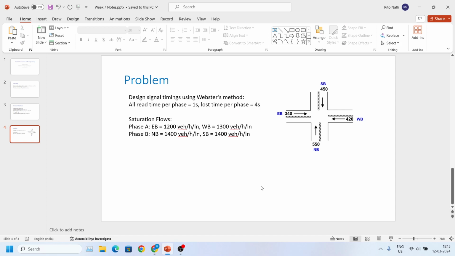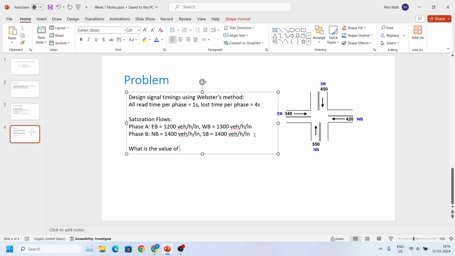Now there are a bunch of questions that you have to answer using this data that have been given to you. The first one is the yi values that I have talked about in the previous slide. So it's the summation of all the yi values. So that's the first question. What is the value of, say, y1 plus y2?